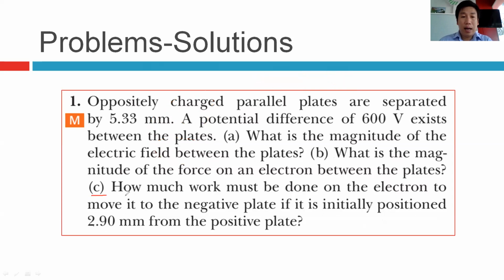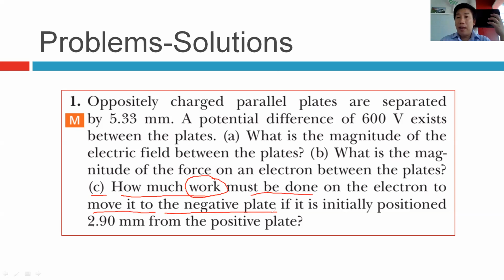The question asks how much work, in Vietnamese you call it công. In this question, they ask you the work you need to provide to move the electron to the negative plate. Why do we need work?